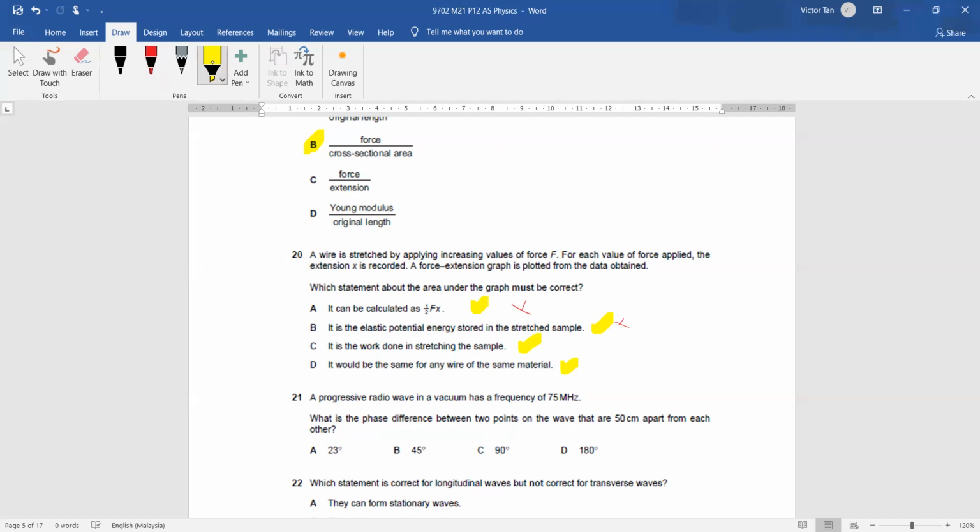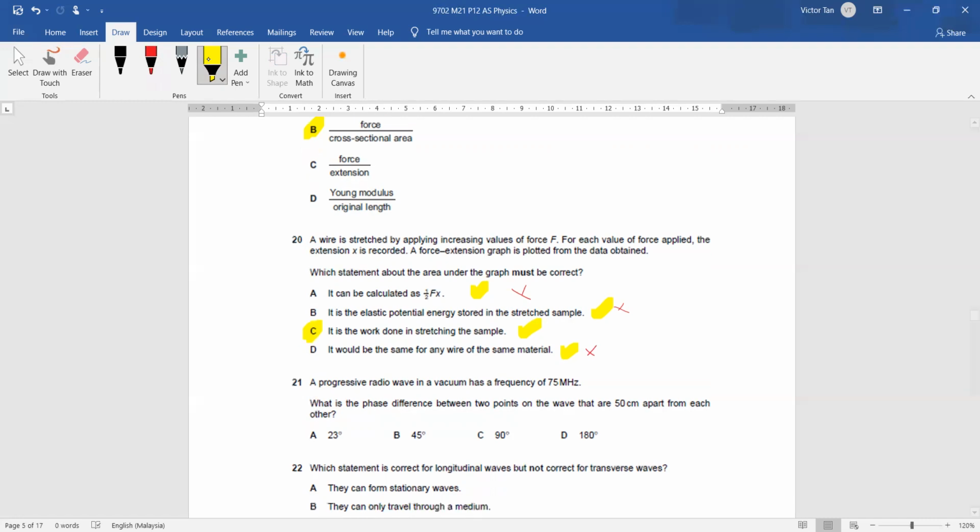So always it is the work done stretching the sample. This one is not possible also because you can have different diameters and different lengths. Okay.